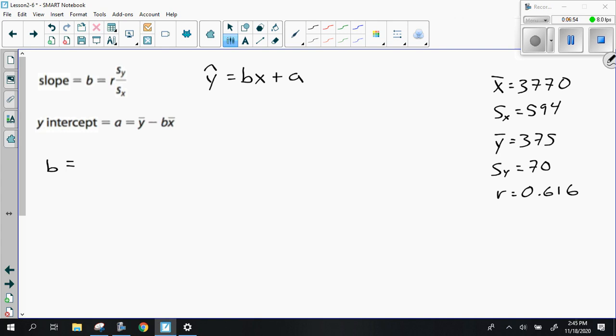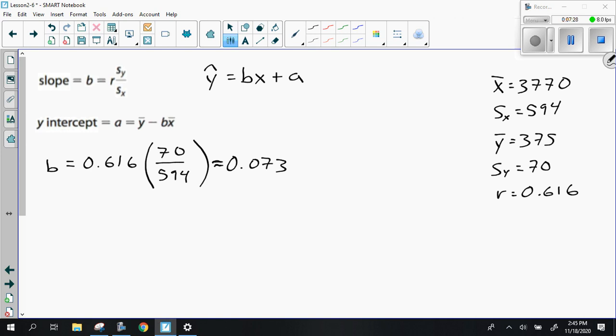B is equal to R, which is 0.616 times standard deviation of y, which is 70, divided by the standard deviation of x, which is 594. We'll go ahead and put that in our handy dandy calculator and get a value, which turns out to be approximately 0.073 if we round to the thousandths place.